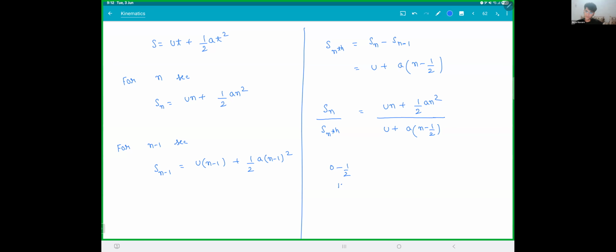So 0 to half is the first half second, then half to 1 is the second half second, 1.5, 2, 2.5, 3, 3.5. So this will be like 1, 2, 3, 4, 5, 6, 7, so 3 to 3.5. You're getting it now. Then this formula won't be valid because you derived this formula for 1 second. So be careful with that. So have the basic idea.